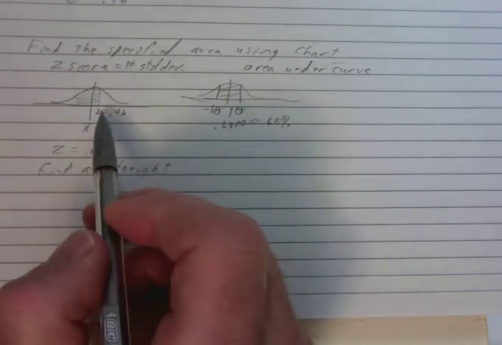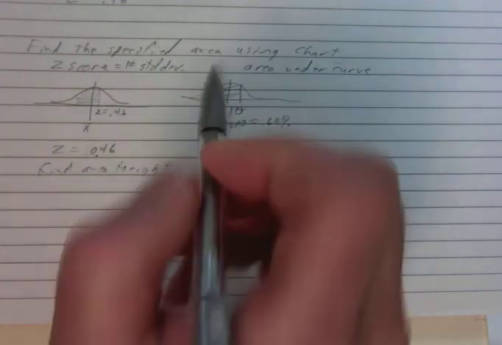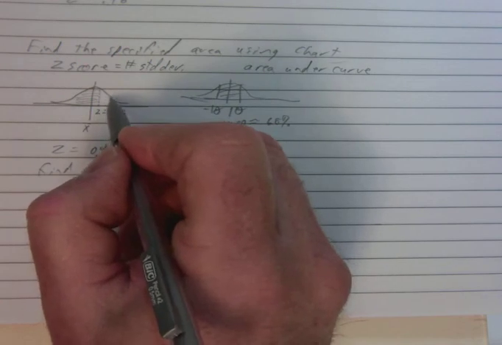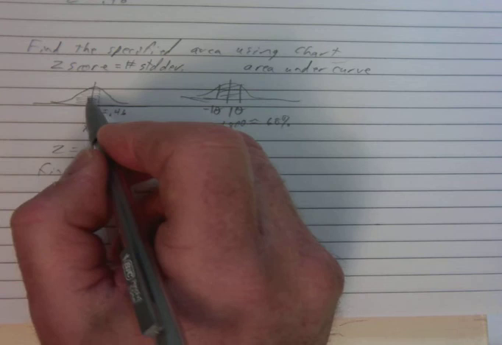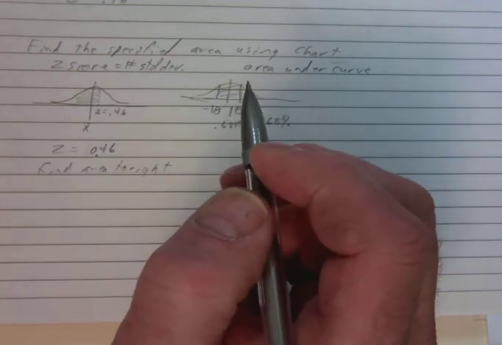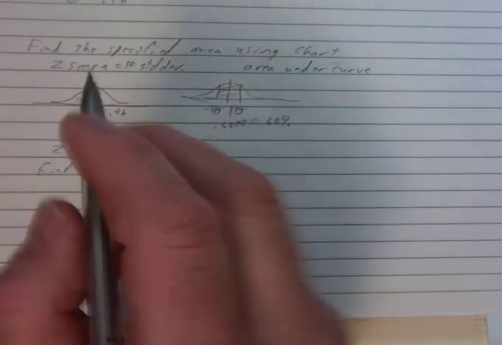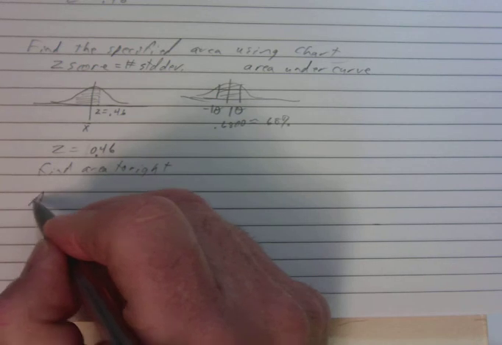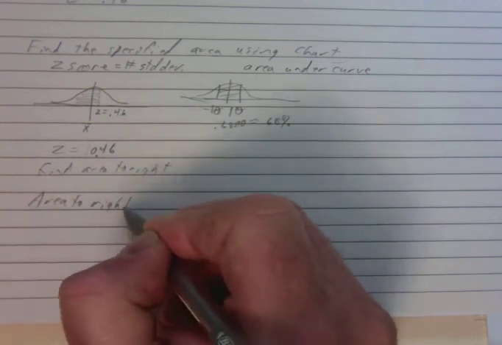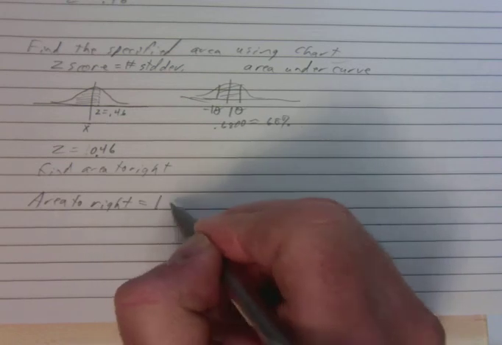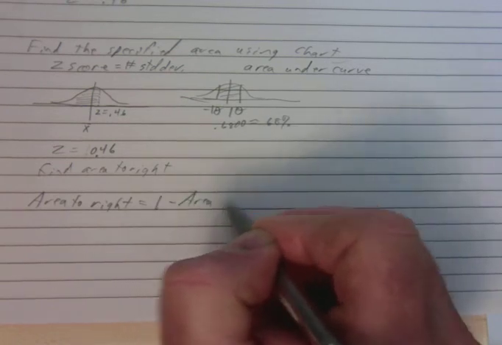So the value is bigger than our z-score. So if the total area is 1, the area to the right has to be 1 minus the area to the left. And that's how we're going to do this. So the area to the right for us equals 1 minus area to the left.